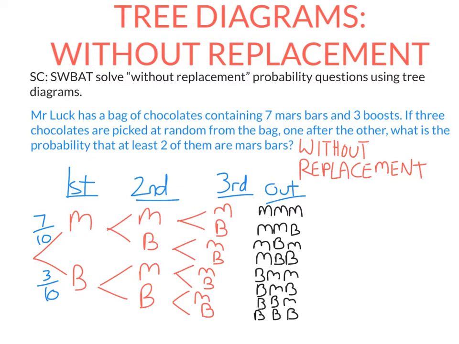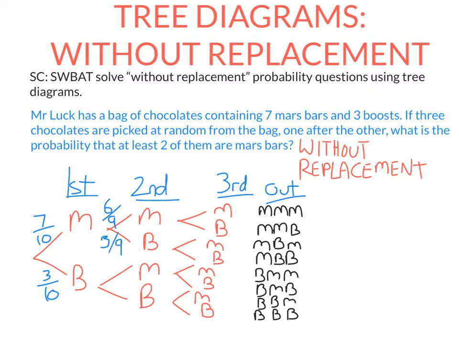Now this is where the difference starts. If it's without replacement, the probability I get a Mars bar the second go, if I got a Mars bar the first go, is different. If I get a Mars bar the first go, then there are 6 Mars bars left out of 9 chocolates left in the bag. And I didn't pick the Boost, so there are 3 Boosts left out of 9.